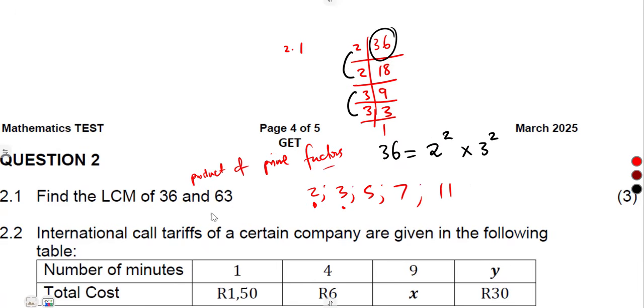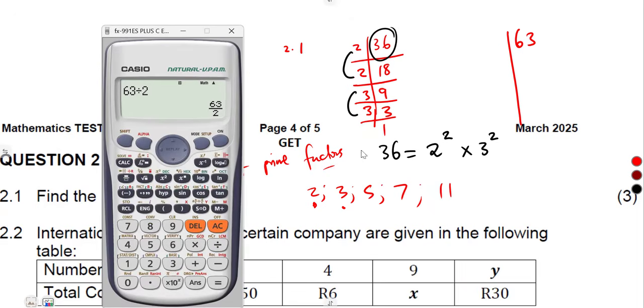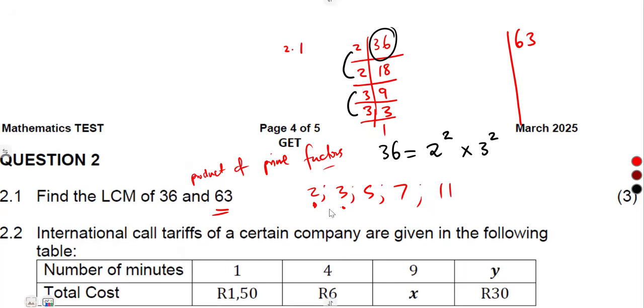What about 63? 63, the same thing. The smallest prime number, 2, is not going to work. 63 divided by 2 is going to give us a decimal, and we need a whole number from that one. So this is not going to work. So we move on to 3.